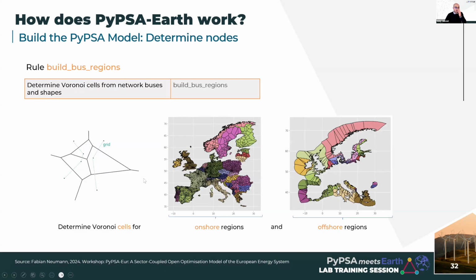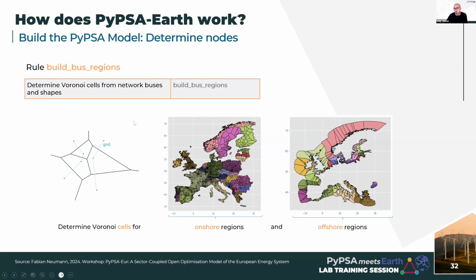Afterwards, we build the bus regions, and this is where the bus regions are created according to Voronoi cells. Those Voronoi cells can be based on the electricity network, on the buses, on the demands or generation, but can also be set by the user.